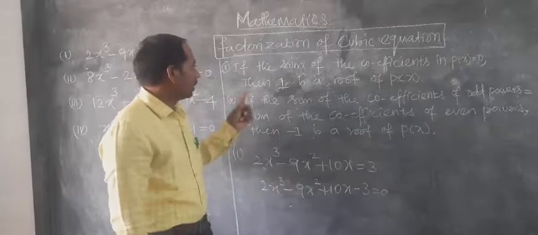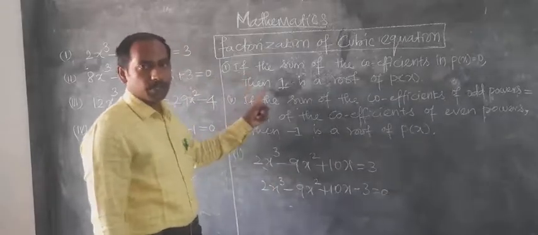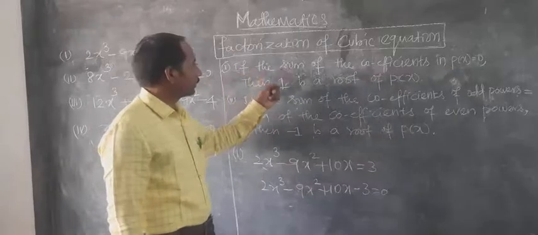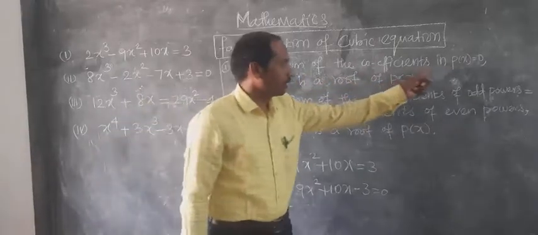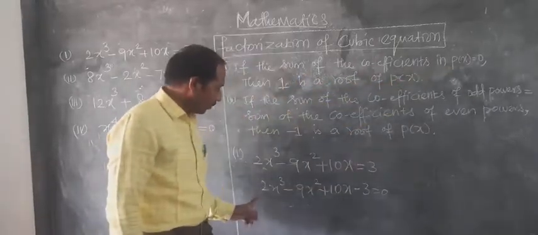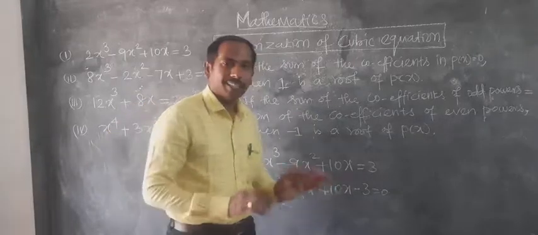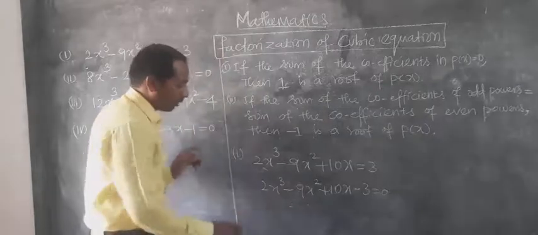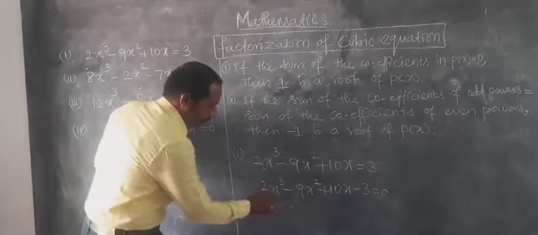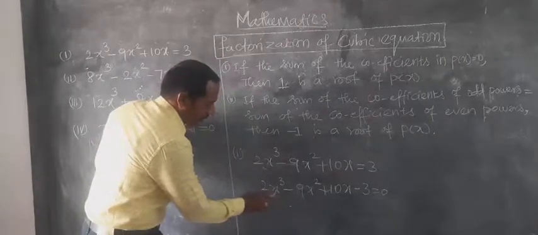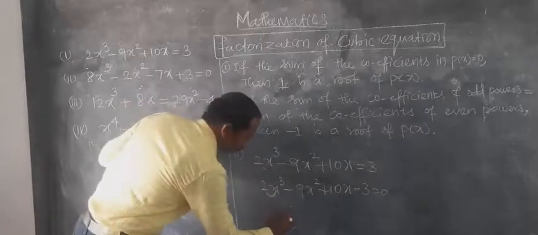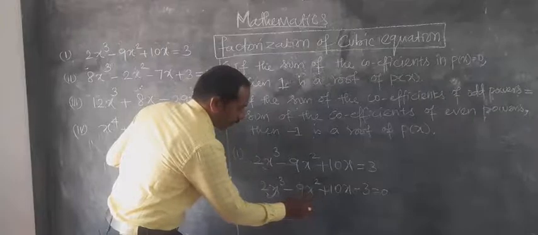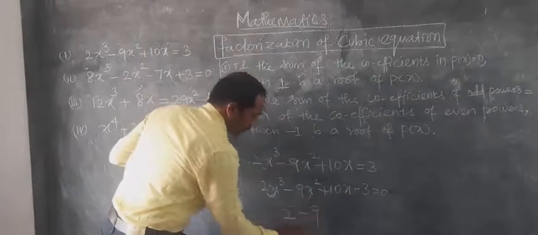We want to check. So how do you find whether 1 is a root? If the sum of the coefficients in the polynomial is equal to 0, then 1 is the root. What is the sum of the coefficients? Here, the coefficient of x power 3 is 2. The coefficient of x squared is minus 9.